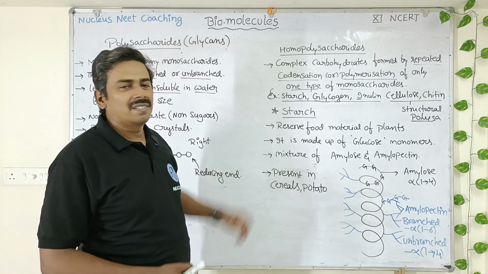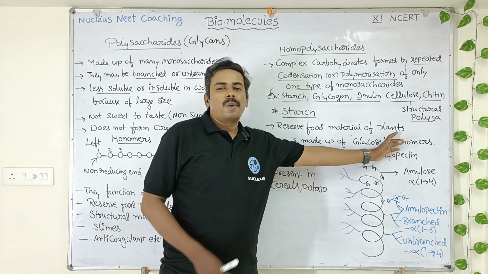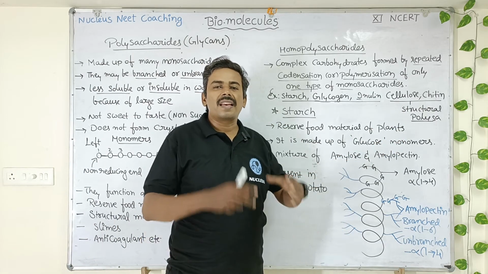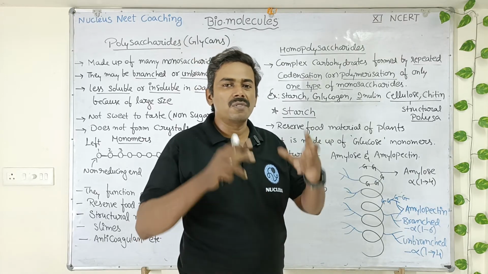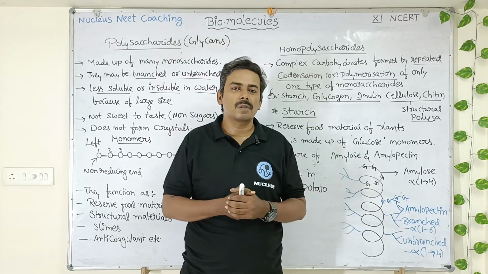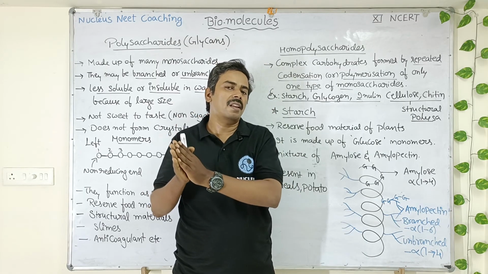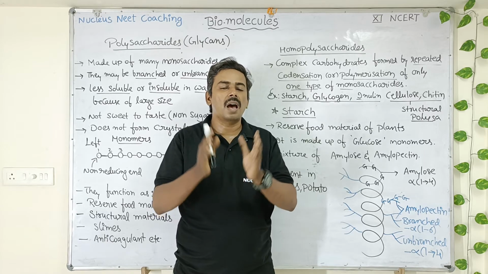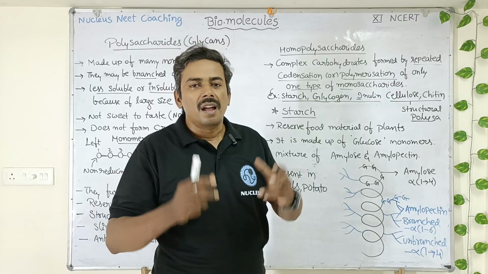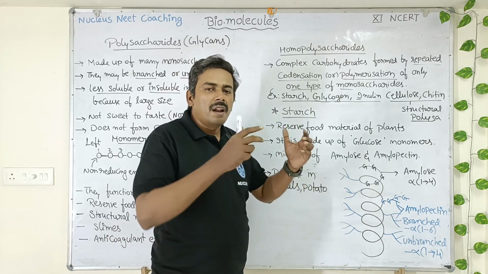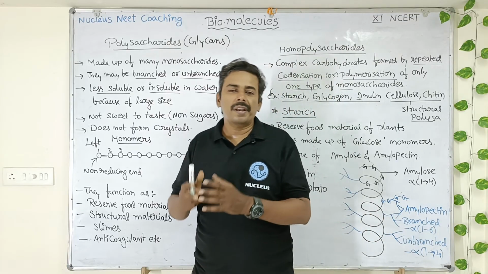What is starch? Starch is a reserve food material of plants. Plants will store their excess food material in the form of starch granules inside the cells. There will be specialized cell organelles which store the starch, called amyloplasts. These amyloplasts store the starch, and the starch will be stored in underground roots and also in underground stem tubers like potato.